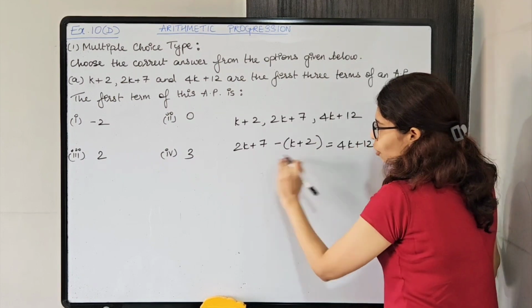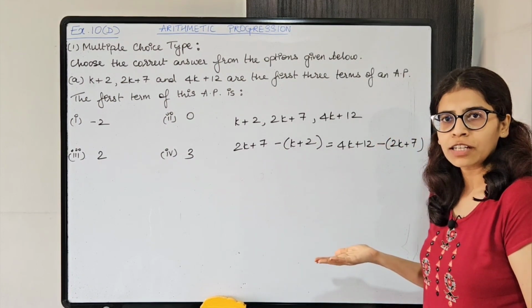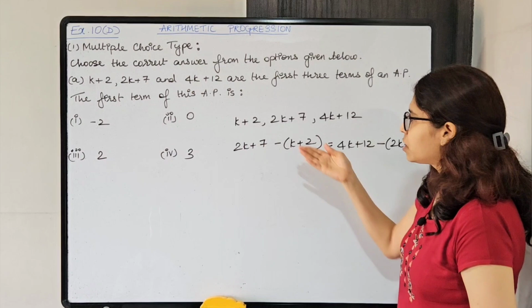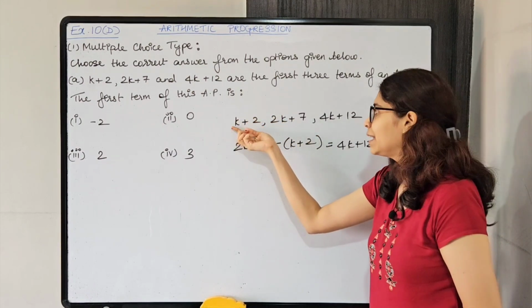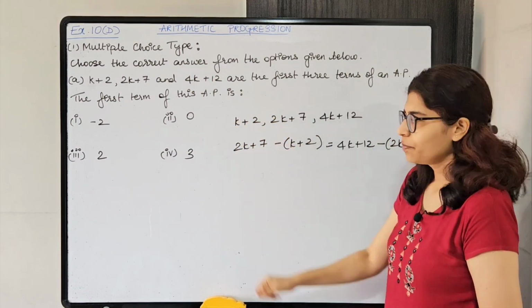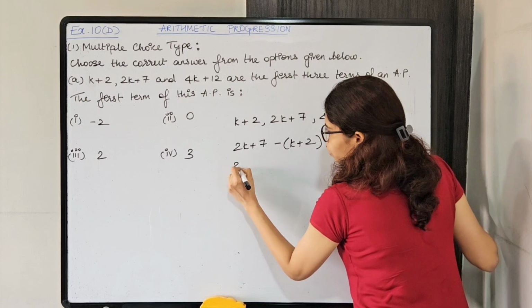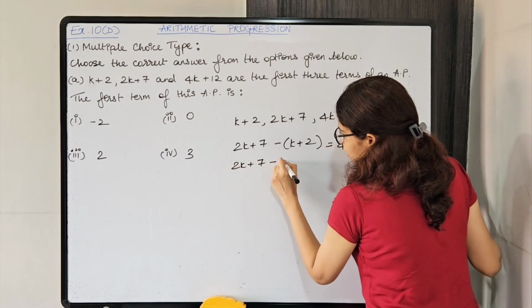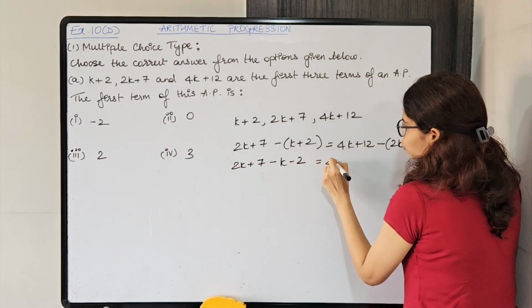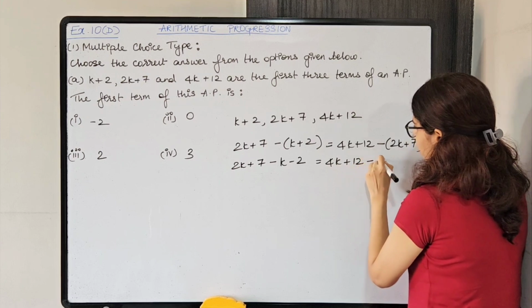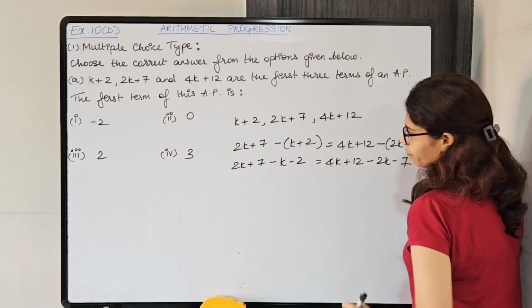So ये solve करके मुझे k का value मिल जाएगा. Once I get k का value, I just have to put it in the polynomial and I'll get the first term, okay? So 2k plus 7 minus k minus 2 is equal to 4k plus 12 minus 2k minus 7.